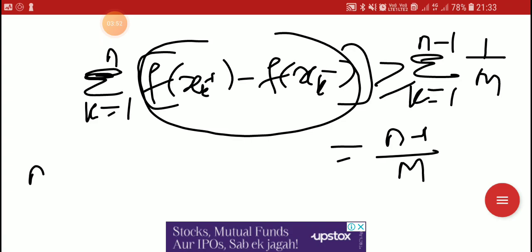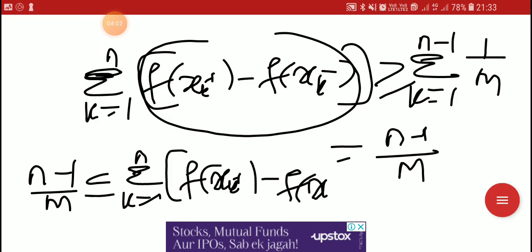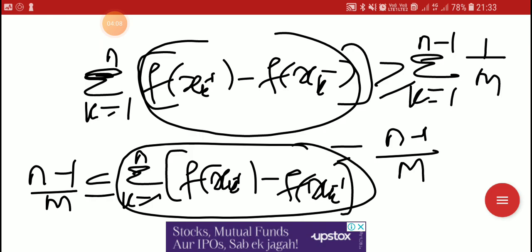That is, n-1 by m is less than or equal to the sum from k equal to 1 to n-1 of f(xk+) minus f(xk-). And by theorem 1, this summation is less than or equal to f(b) minus f(a).